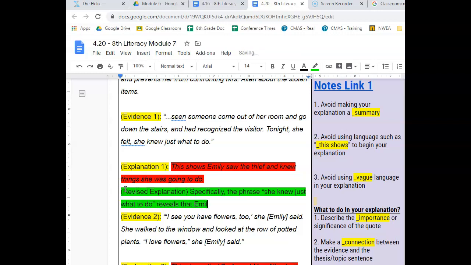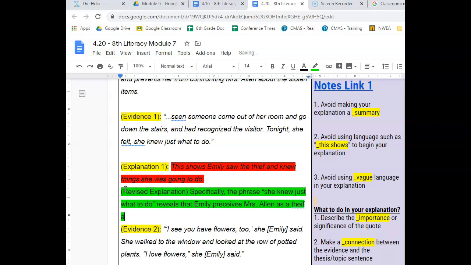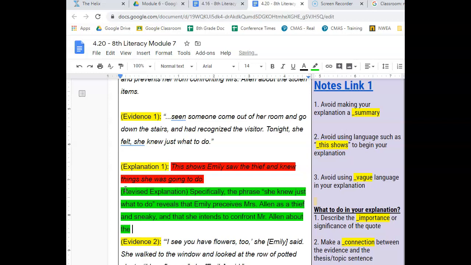that Emily perceives Mrs. Allen as a thief and sneaky, and that she intends to confront Miss Allen about the incident.